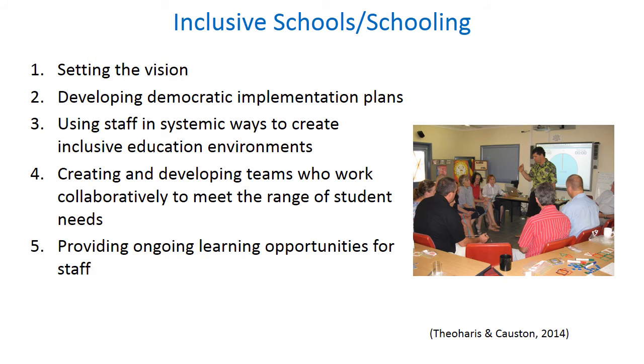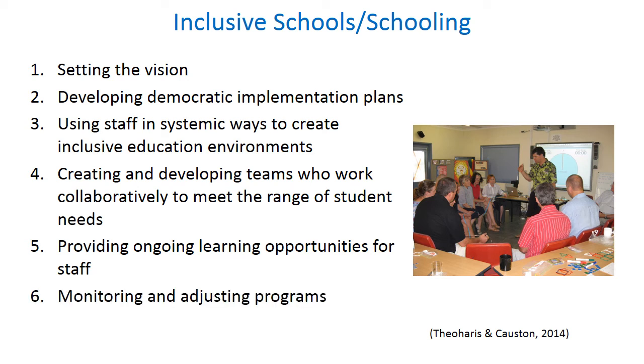Providing opportunities for learning for staff is one of those very important ways, and it's really an overt way of saying we expect inclusion to work. We will provide help for you to make it work. And if you need help and support, it's not the child's fault and it's not your fault, but it does need to be something that you work towards.